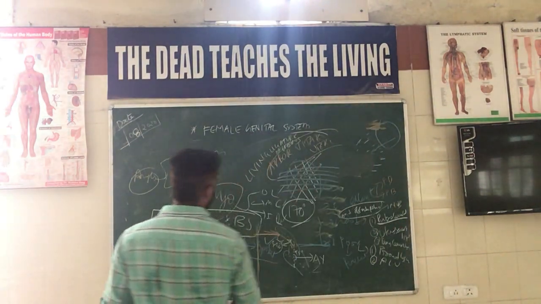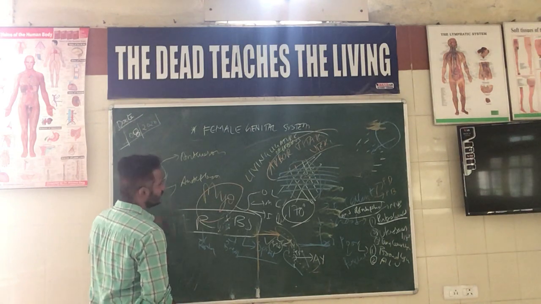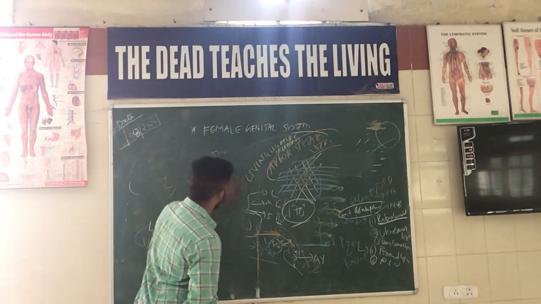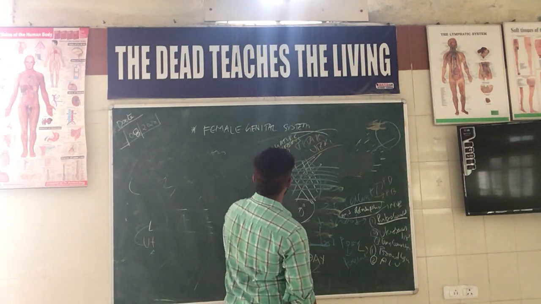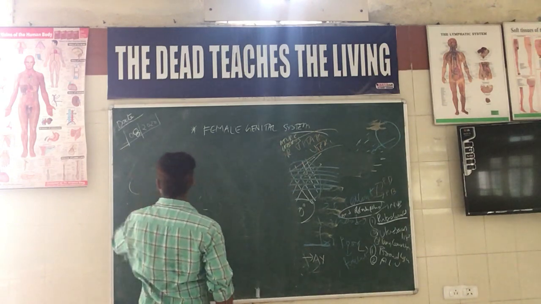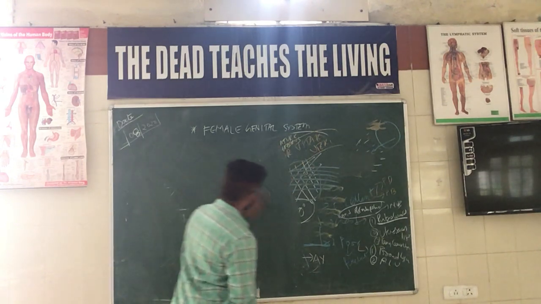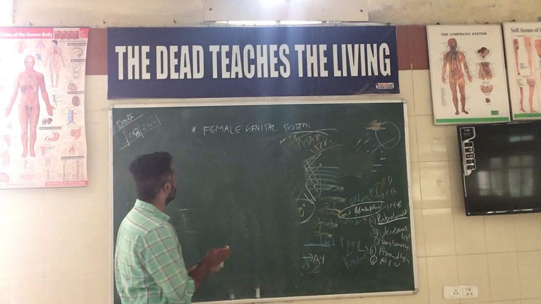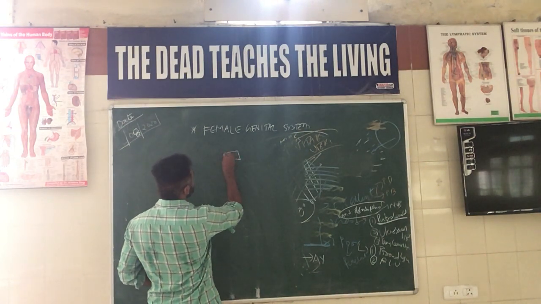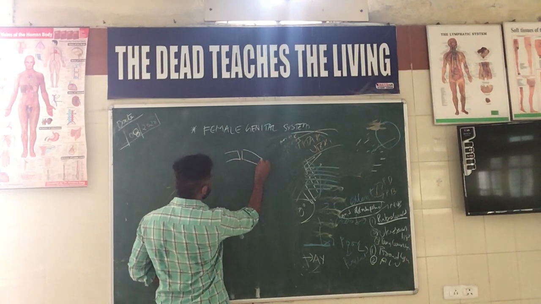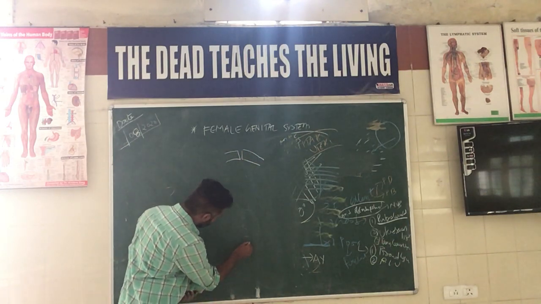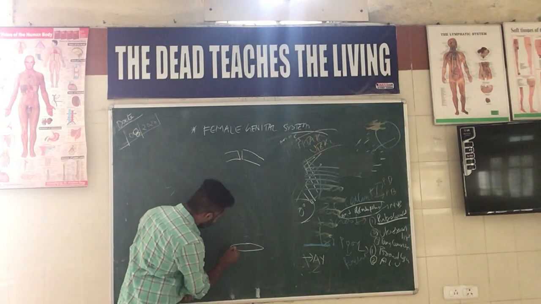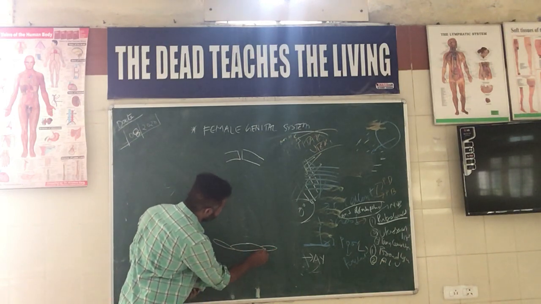So let me draw a diagram which shows how these ligaments are arranged inside the pelvic cavity. Let us assume the anterior-most structure is the pubis, and posterior-most we have the sacrum and the ala of the sacrum.